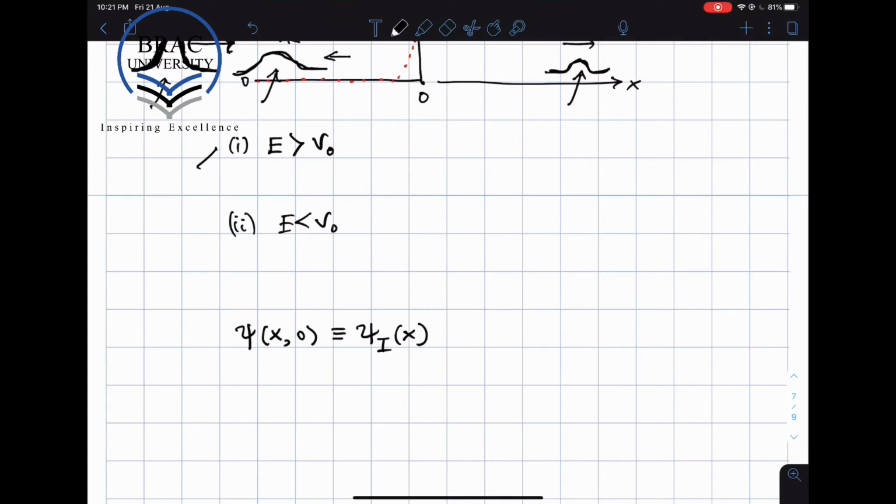And we take that initial state to be a normalized Gaussian whose average momentum is h bar k naught. So the Gaussian has this form. This is the phase factor associated with its momentum, and this is the Gaussian part.